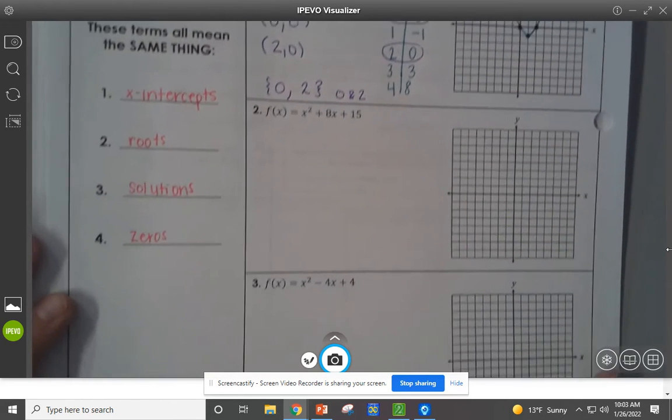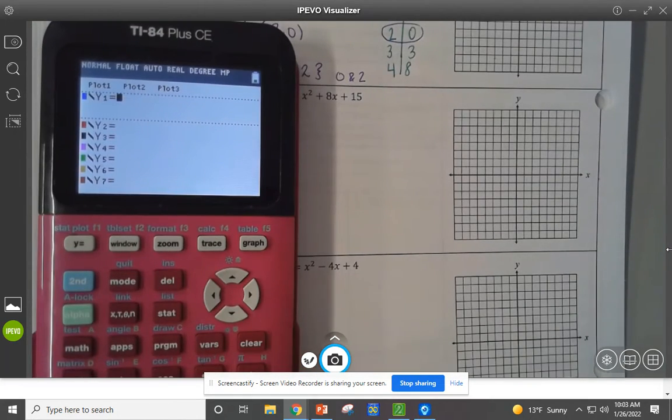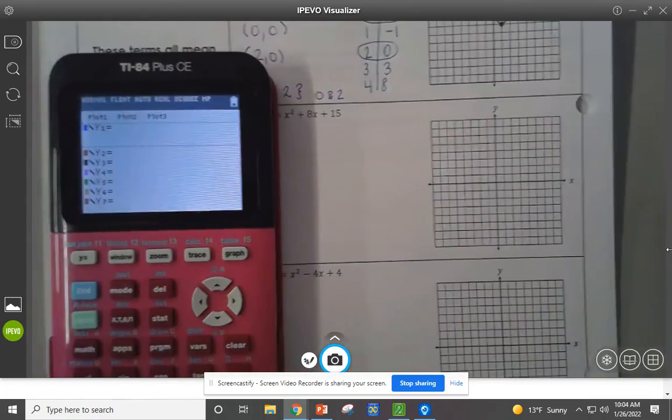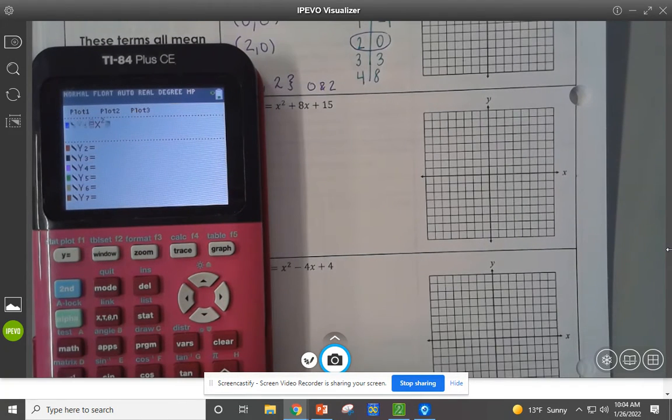Let's do number 2. So go back to your y equals and clear out that equation, and type in x squared plus 8x plus 15.